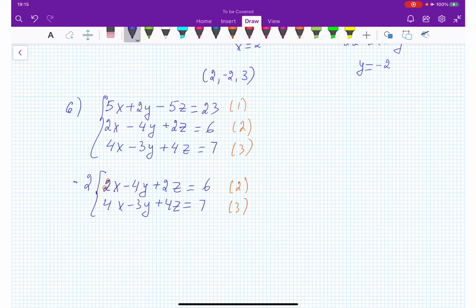Then I will have 1x, I will have 1z, and instead of negative 2, we will multiply by negative 4. So at this point, I guess there's not much advantage to reduce. Yeah, let's keep going.